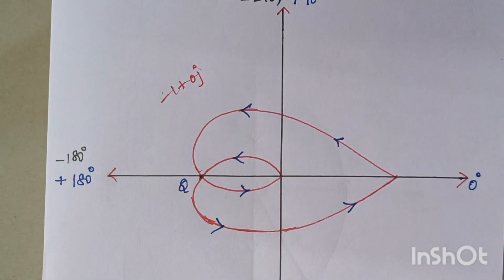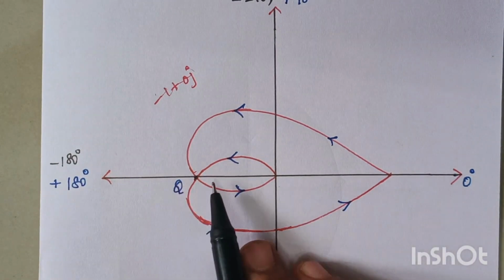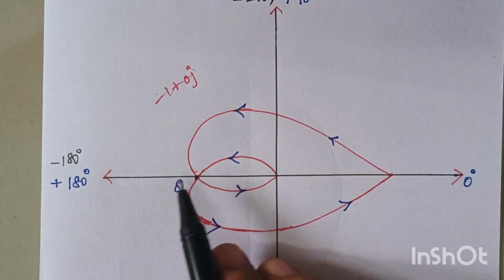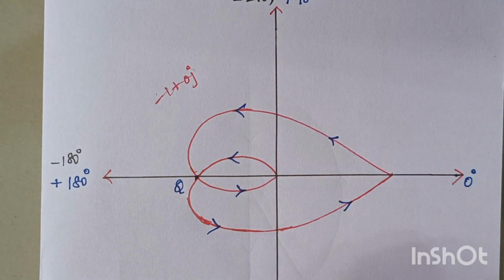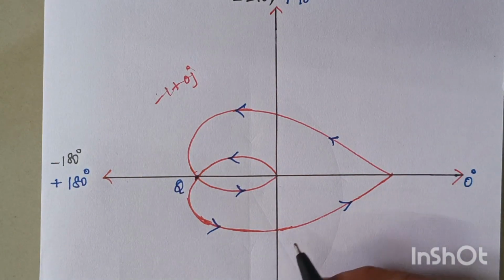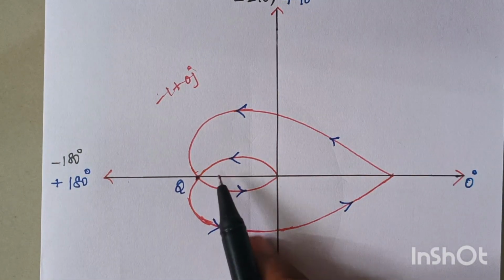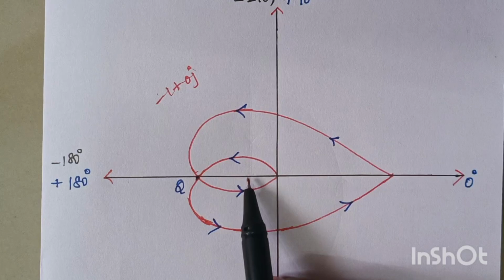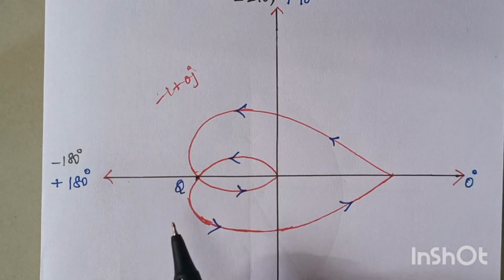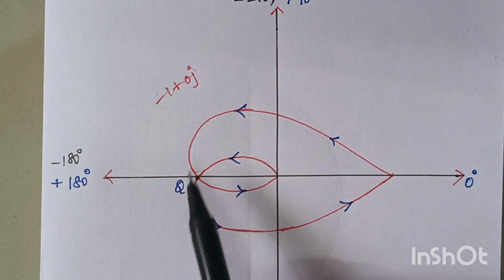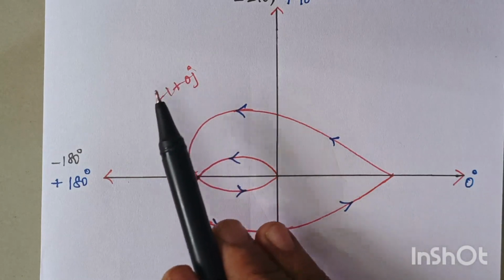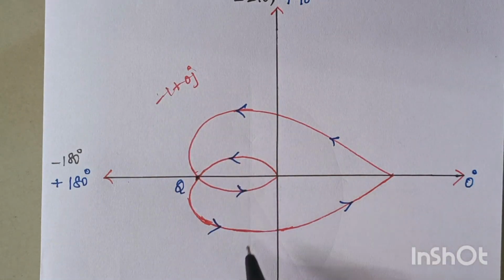How can we know whether minus 1 lies inside here or outside? Only if we know the value of this q can we easily tell whether the point minus 1 lies inside or outside. In other words, whether the point minus 1 plus 0j is encircled or not encircled.